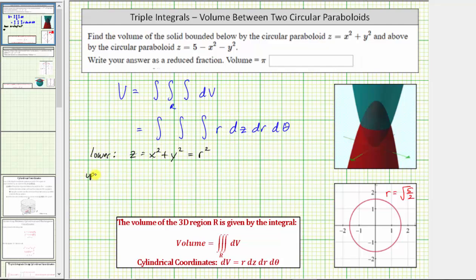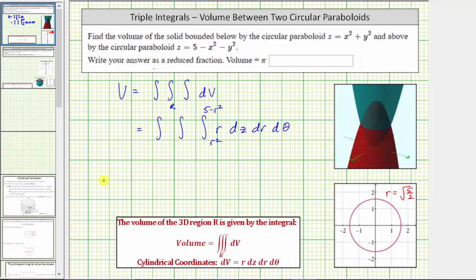And then for the upper limit of integration, which is determined by z equals 5 minus x squared minus y squared, which we can write as 5 minus the quantity x squared plus y squared, we know this is equal to 5 minus r squared. The limits of integration for z are from r squared to 5 minus r squared.